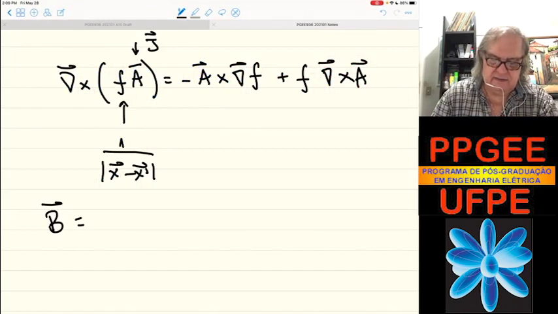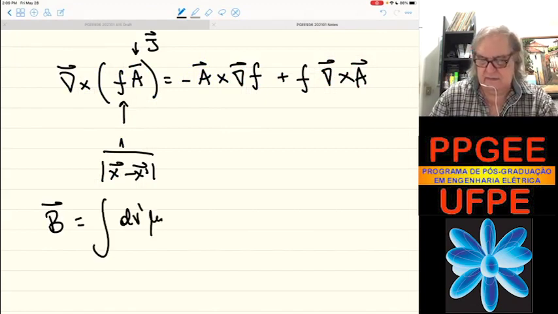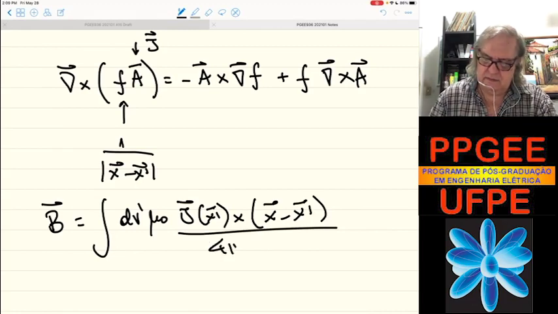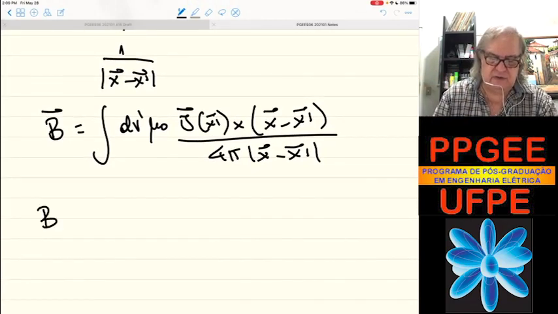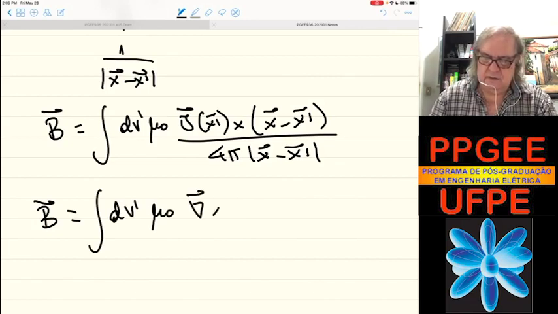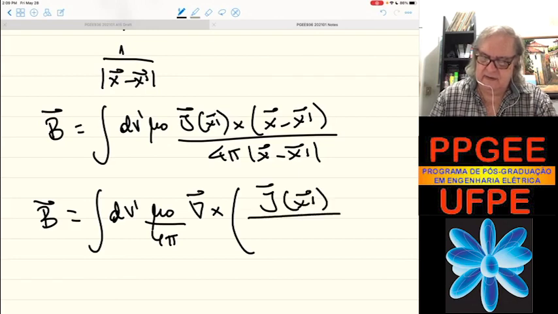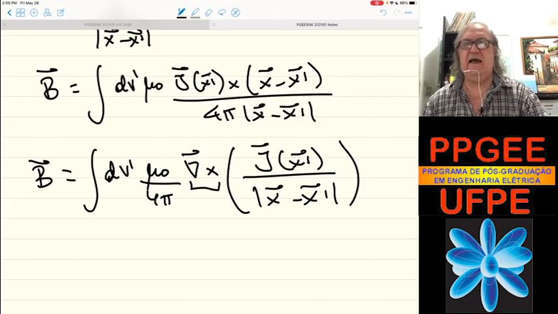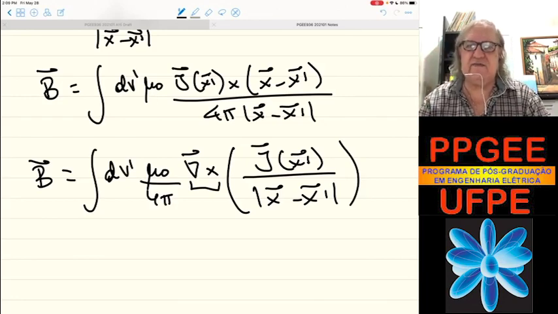So we change that to B equals the curl of J of x prime divided by the magnitude of x minus x prime. This operation is operating on coordinates of x.